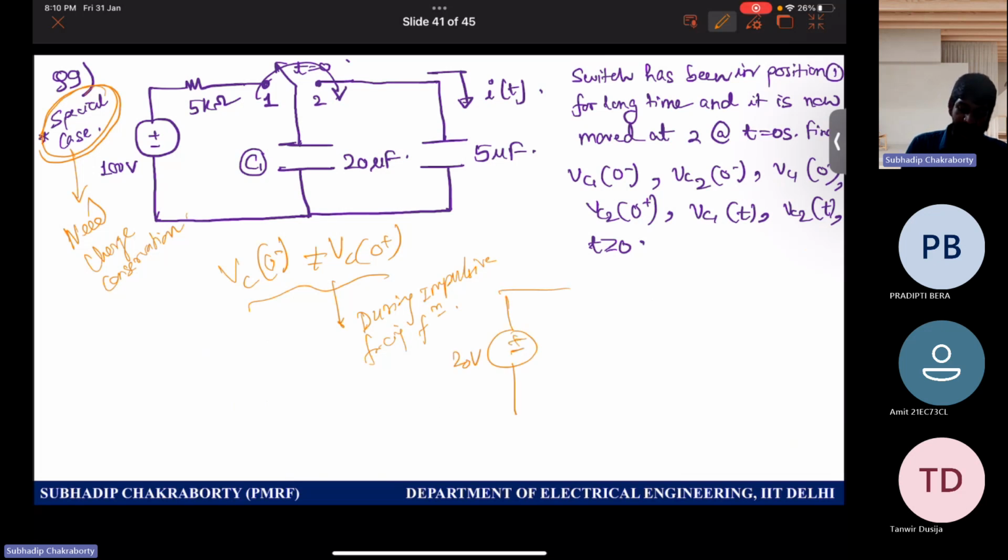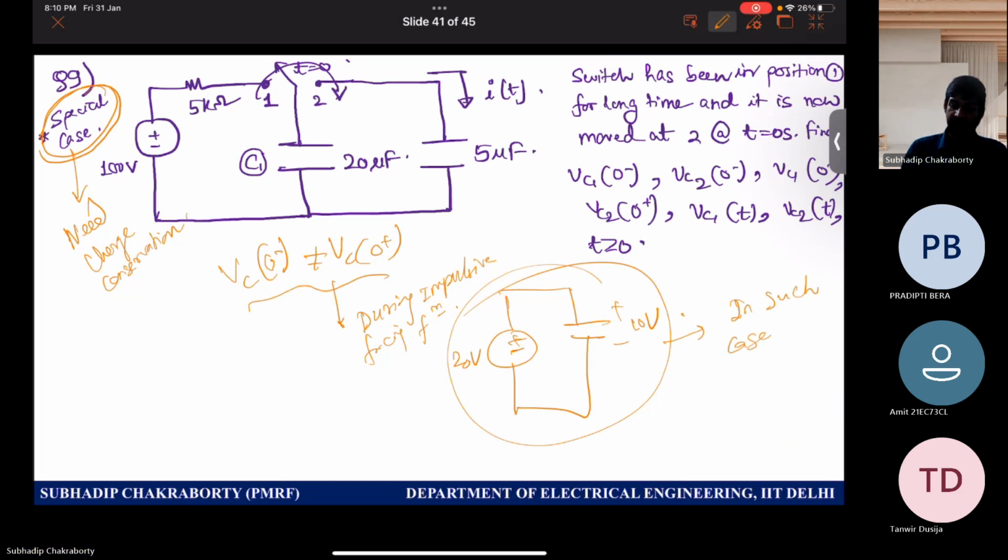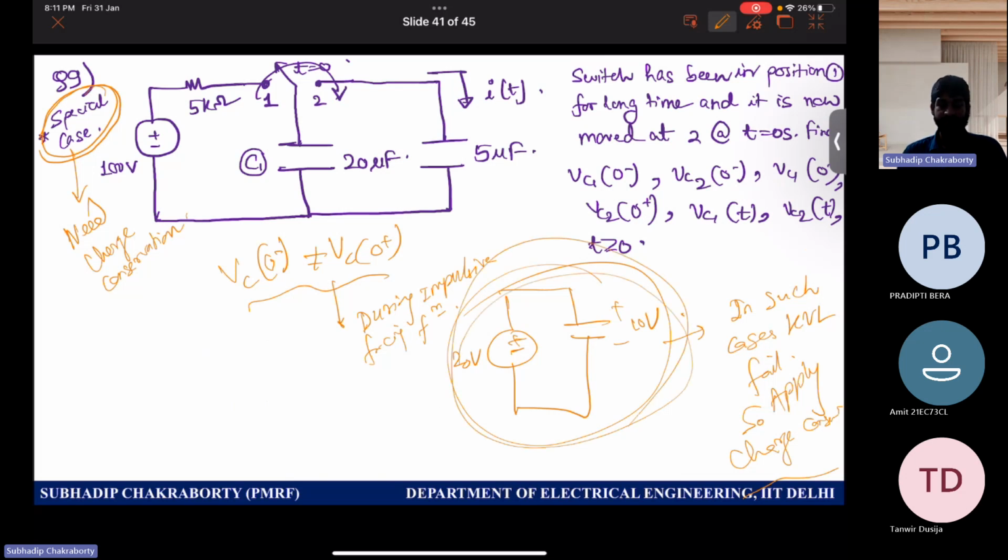Let's say I connect 20 volts across a previously charged capacitor of 10 volts. Then what will happen? In such cases, KVL will fail. So apply the charge conservation principle in such kinds of impulsive situations.